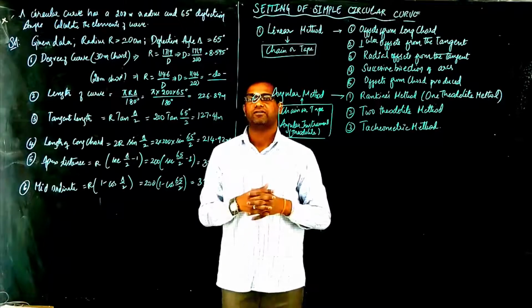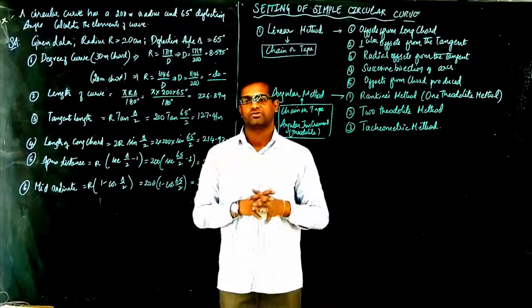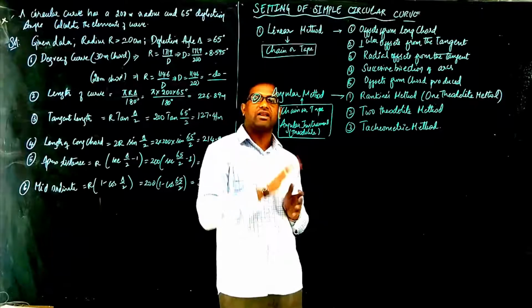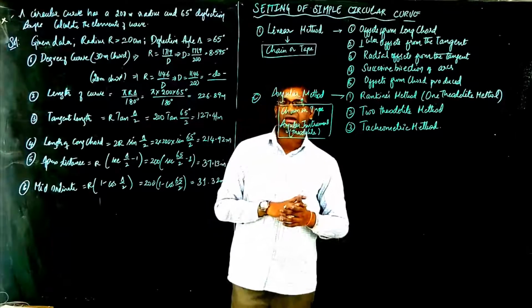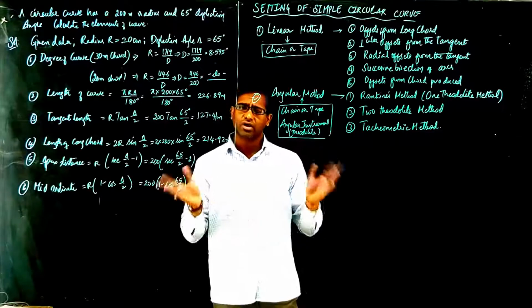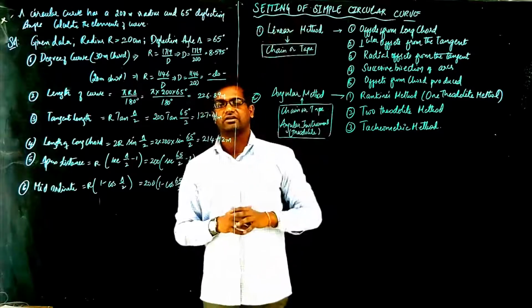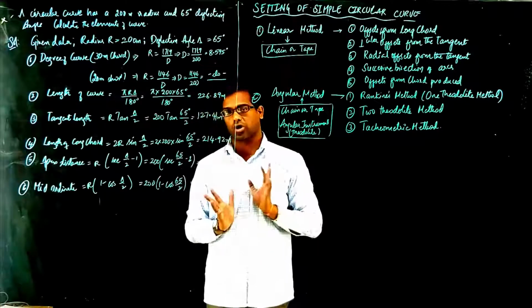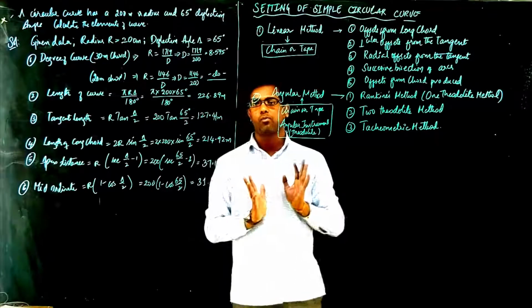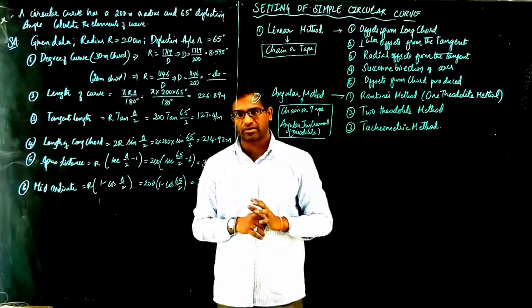In the linear method, we will use either chain or tape; no angular instruments are used. Whereas in the angular method, we will carry chain or tape along with angular instruments. When the degree of curve is high, or the radius is very small, then we will use the linear method.